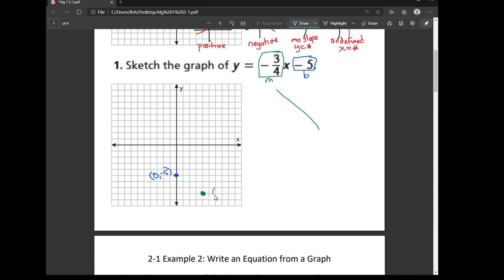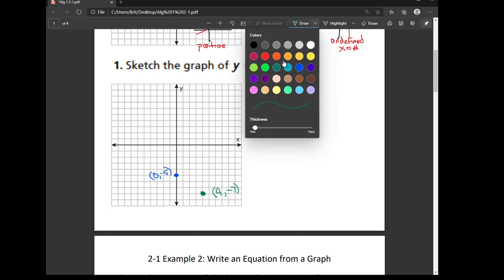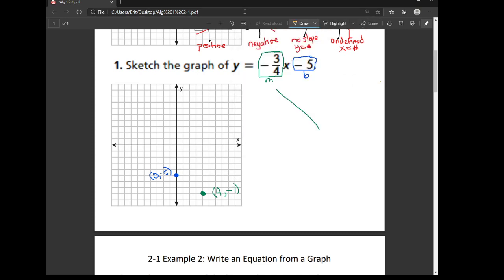The ordered pair for this point: I went to the side by 4, so 0 plus 4 is 4. And then I went down 3 from negative 5, that's at negative 8. Alright, so I have 2 points in, I can draw my line. I have a really hard time making my lines nice, so I'm going to go the other way. I'm going to rise by 3 and run 4 in the other direction.